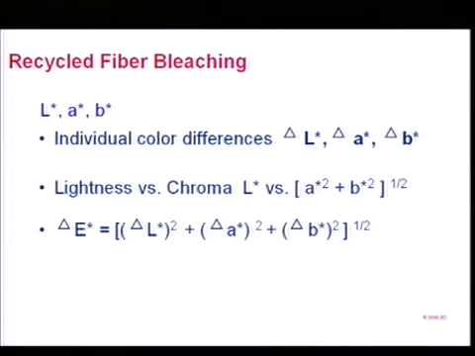Chroma is nothing but the square root of the A value differences before bleaching and after bleaching, and the B value differences before and after bleaching. Delta E is called color index. It accounts for lightness darkness difference and chromatic differences. So, you can see delta L, delta A and delta B differences, whole square root, gives you the color index.